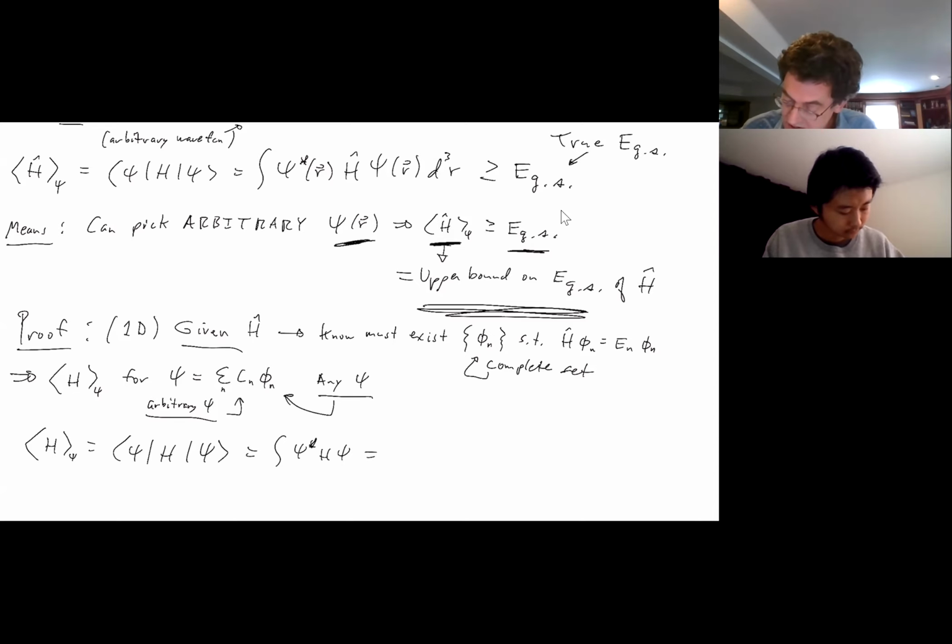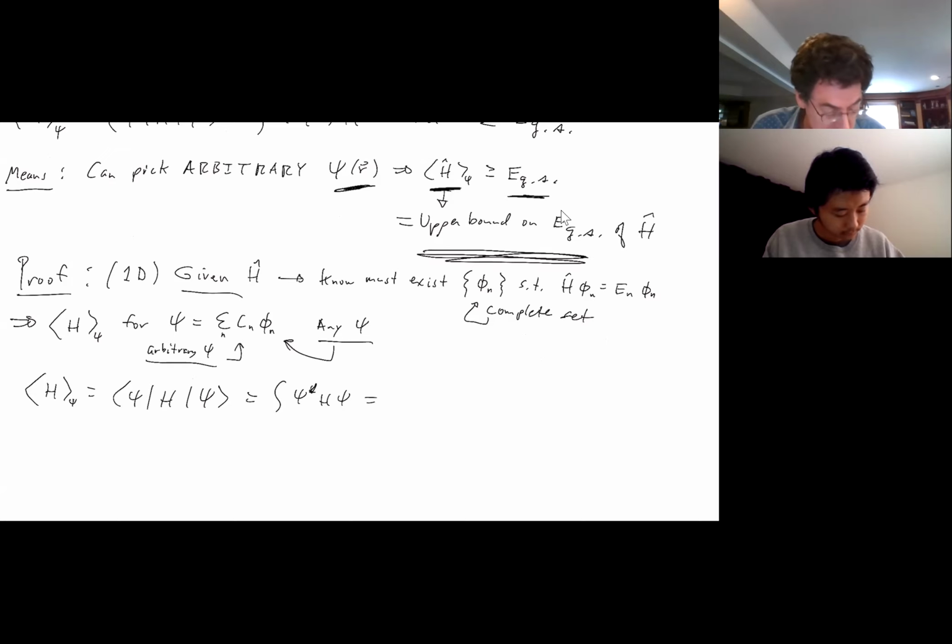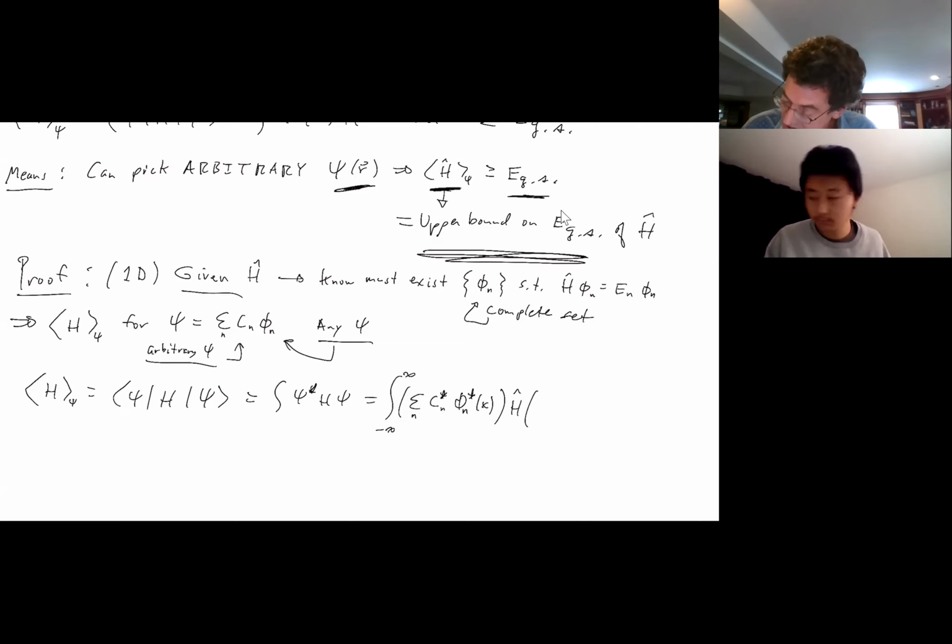But now I have to plug this in, and so to do this integral, it's going to be the integral from -infinity to infinity of psi star, and I'm going to use this expansion, the sum over n of c sub n star phi n star, which is going to be a function of x. I have H, and now I have the other one, psi.